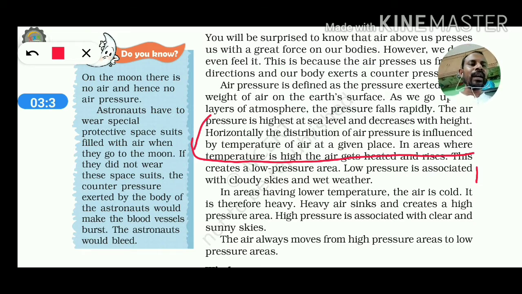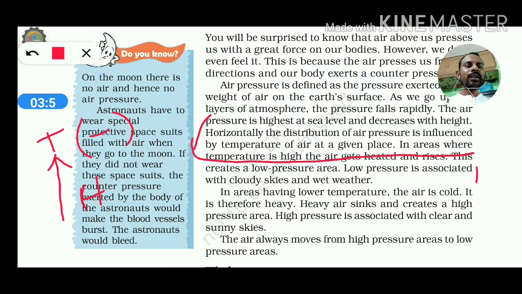In the upper side there is also the relationship with temperature as well as height. We know that temperature decreases with increasing height. So height is increasing means temperature will also decrease.